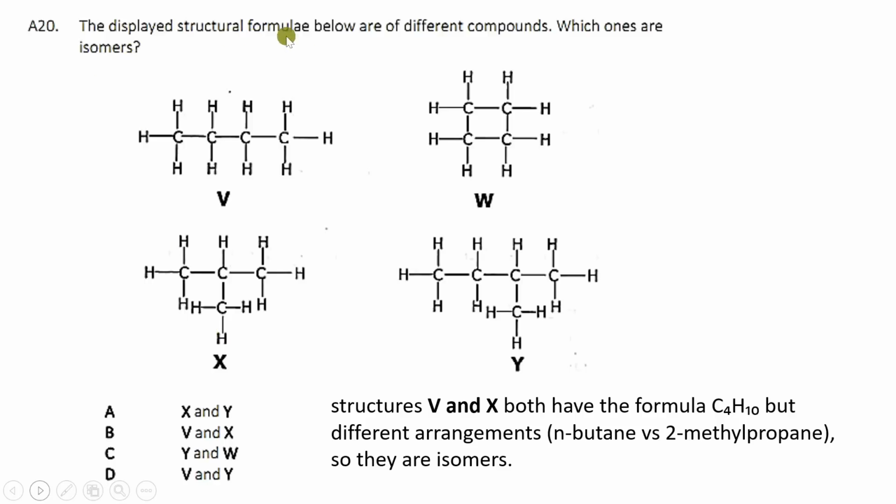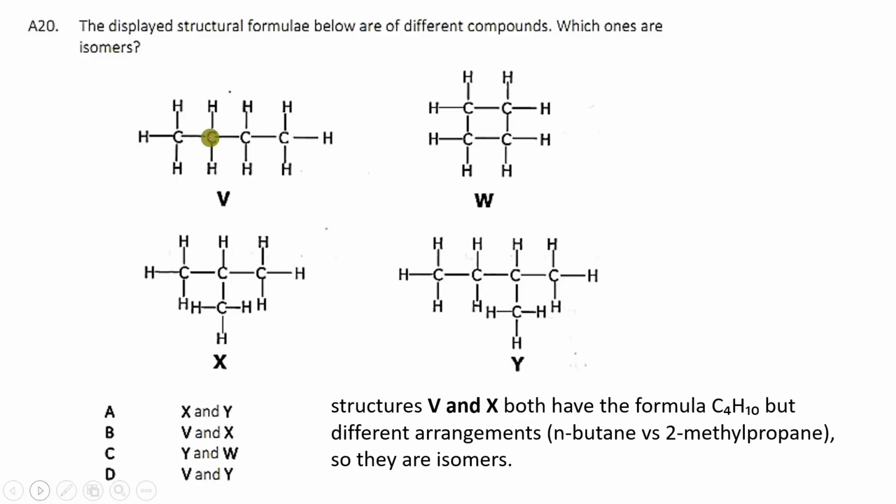The displayed structural formulae below are of different compounds. Which ones are isomers? Remember, isomers are organic compounds which have the same molecular formula but different structural formula. So let's see which one will be isomers.